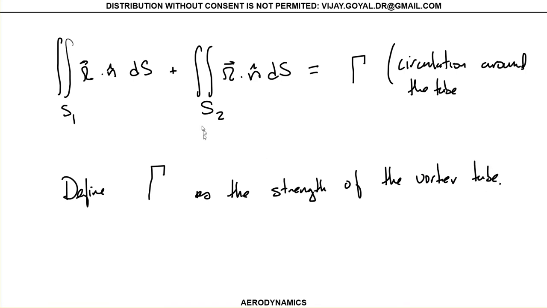Kind of makes sense, right? For a vorticity that's small, you're going to have a smaller circulation. You want a bigger circulation, then you need to have more vorticity. Okay.